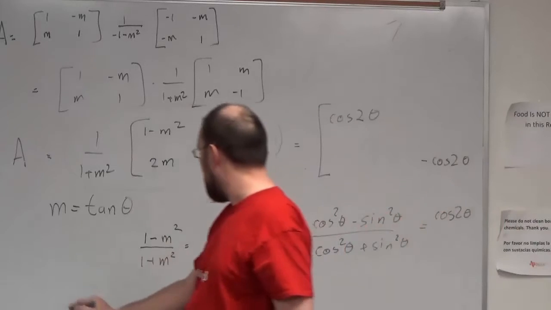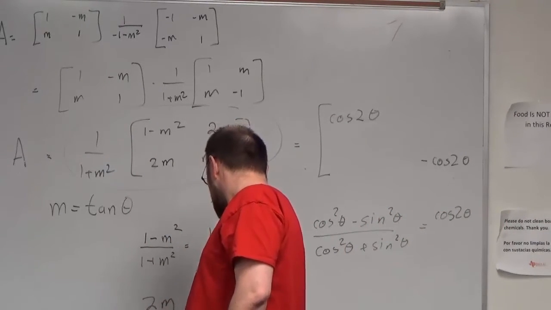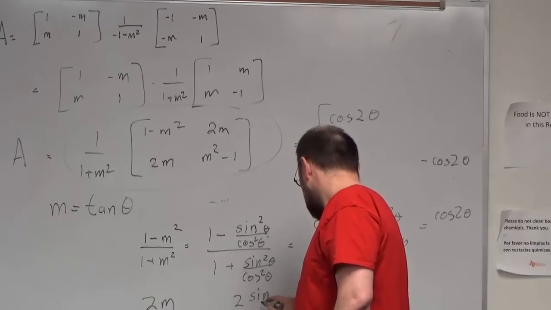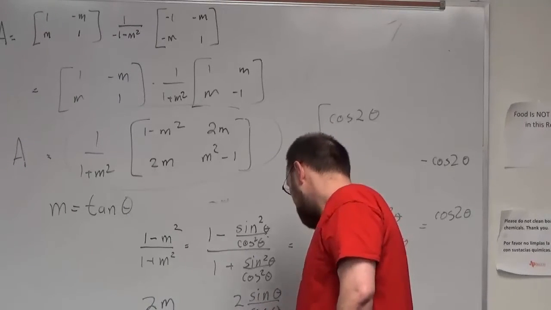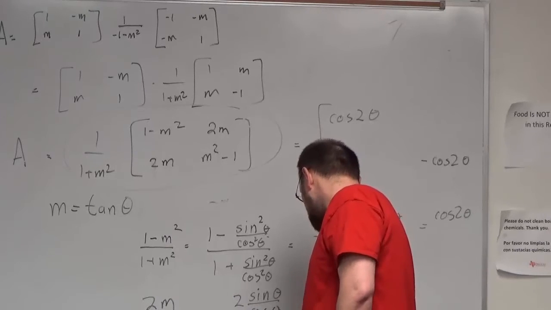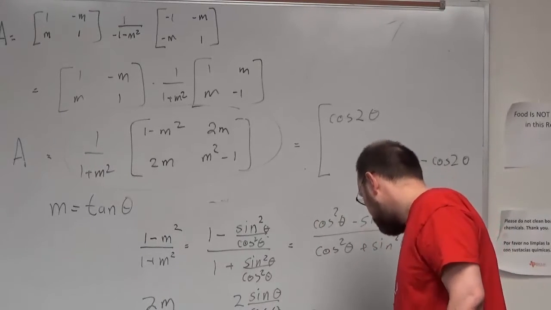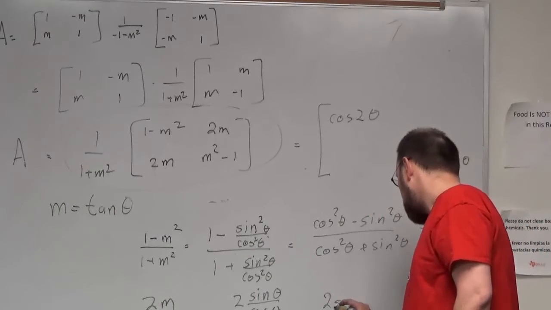And let's see, 2n over 1 plus n squared, and n is tangent. So multiply top and bottom by cosine. You get 2 sine theta cosine theta.